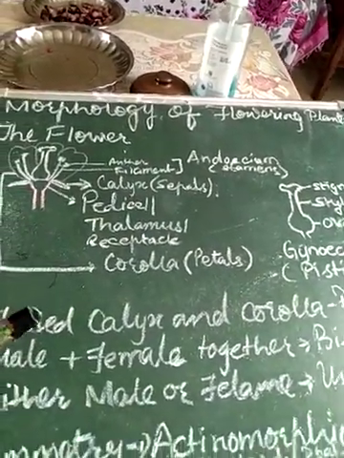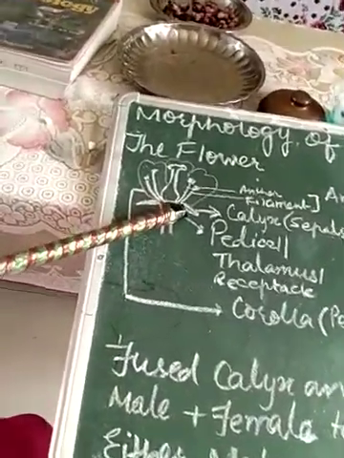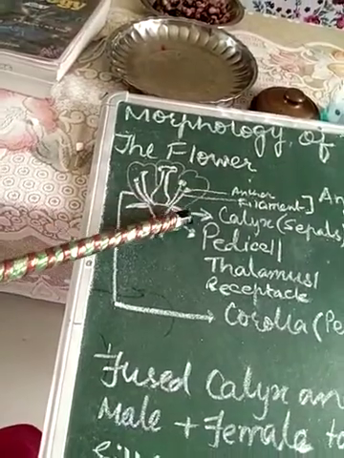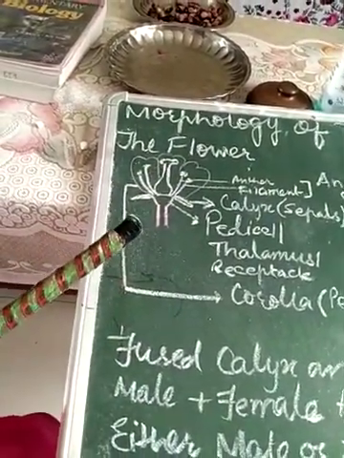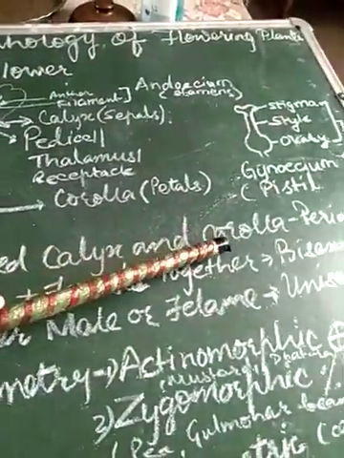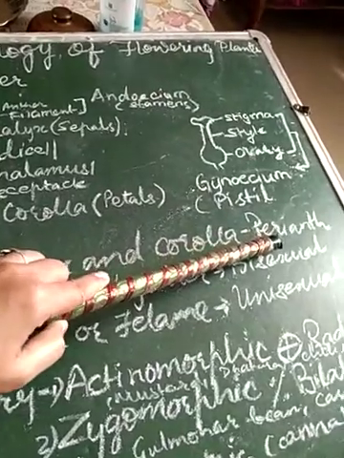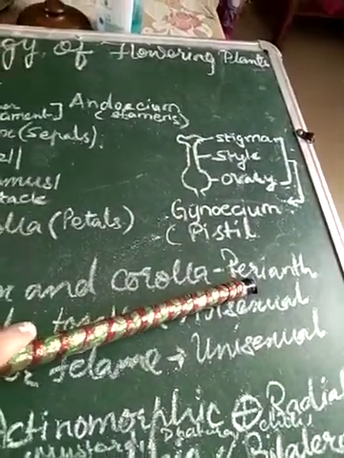Now if the calyx and corolla are fused, if they are not distinct, if you cannot find separate calyx and corolla, then such fused calyx and corolla are called perianth. The term perianth is used for that.